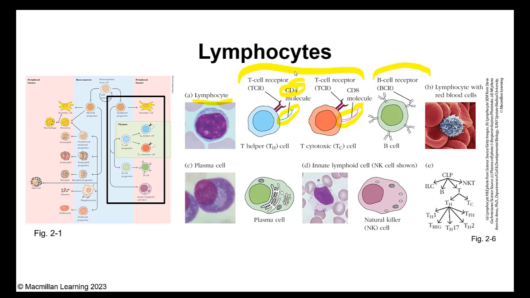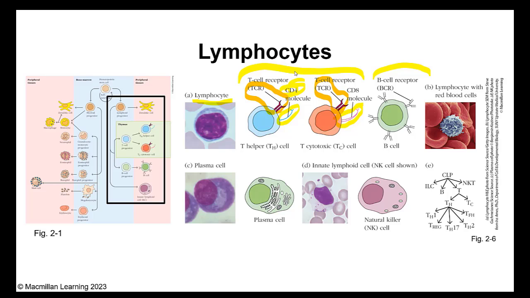Now that cluster of differentiation is not the same thing as the T cell receptor. Look, your T cell receptor is right here. The cluster of differentiation is really close to the T cell receptor, but it is not the T cell receptor. It's just something else on the surface of the cell.